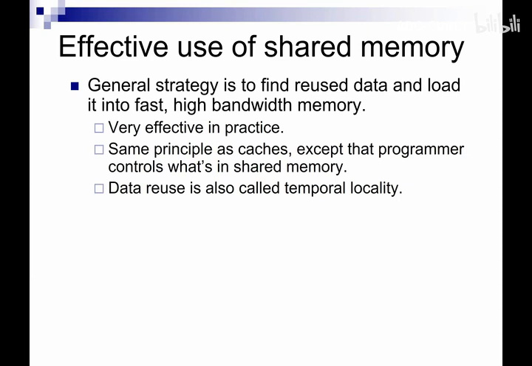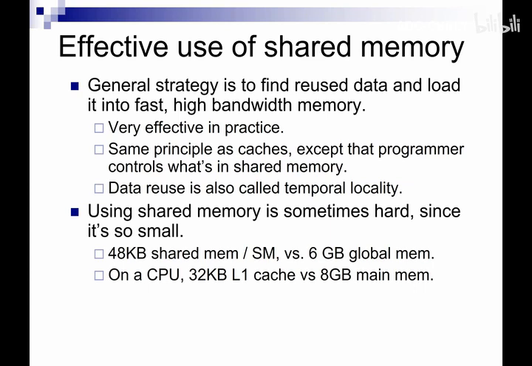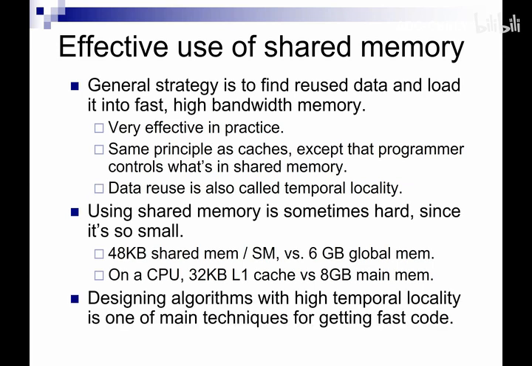This is a form of temporal locality, and it's a very important technique. It's not necessarily easy to use because the shared memory is really small compared to global memory. However, if you can redesign your algorithm to make good use of this shared memory or cache, then you can get a big boost in performance.